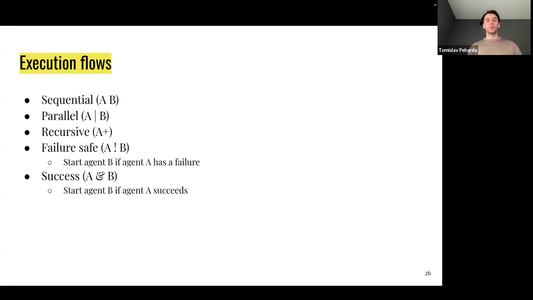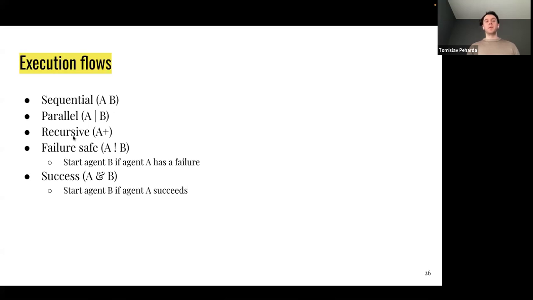We call those execution flows. The execution flows that we support right now are sequential, meaning that agent A goes first, and once agent A is complete, agent B starts. We have parallel, which means that both A and B start at the same time.